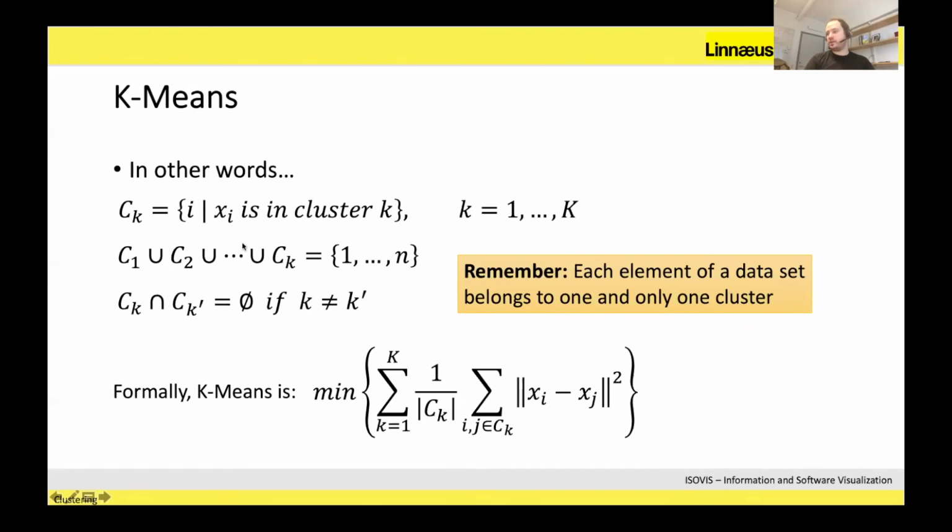Basically, that's what it says. So if you consider that, then formally, the K-means algorithm is the minimization of this cost function over here.